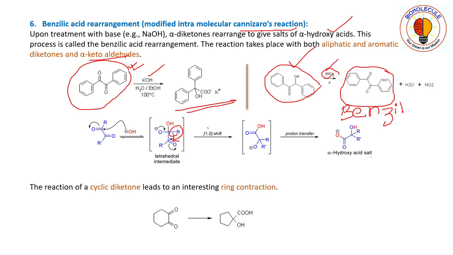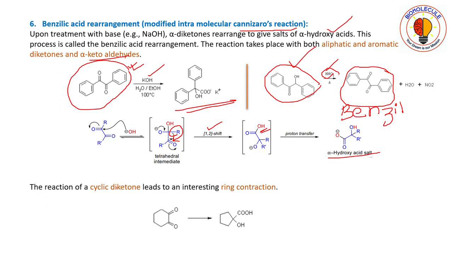There will be a 1,2 alkyl shift. So now this oxygen will have a negative charge over here, so it will take the proton from the acid over here and thus it will give you the alpha hydroxy acid salt.